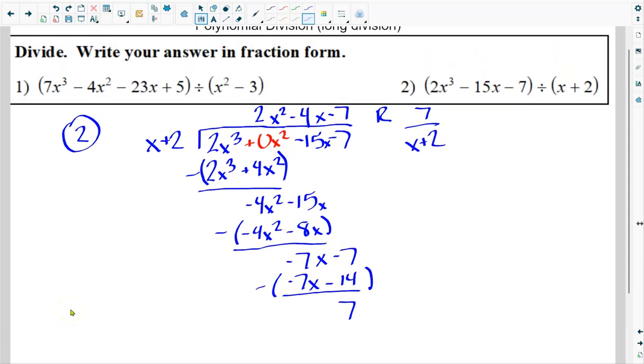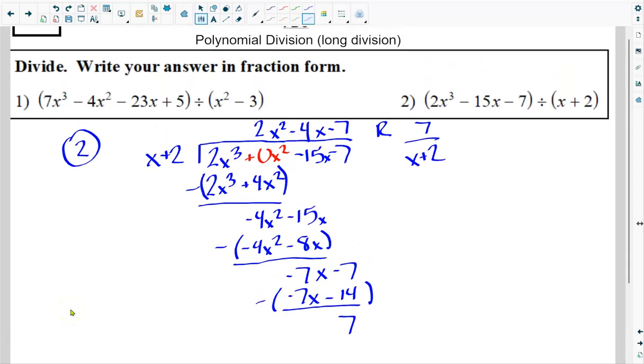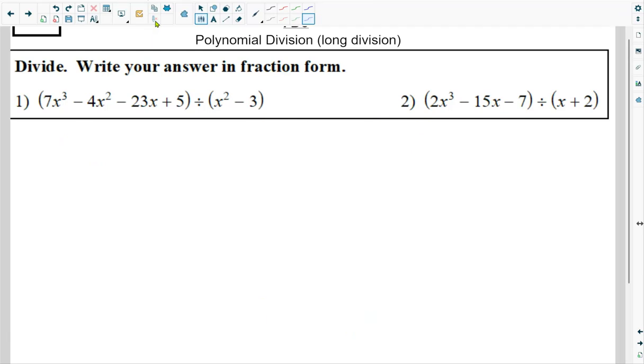Alright, so that's us getting our hands dirty. So let's go ahead and jump to 7. Alright, it's actually number 1. Okay, so the big difference is this binomial is quadratic, it's not linear.